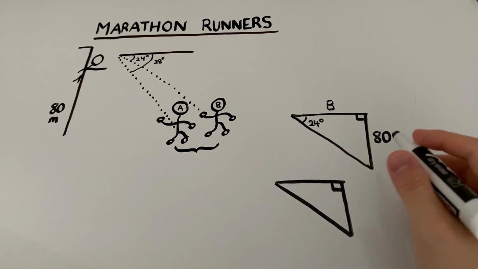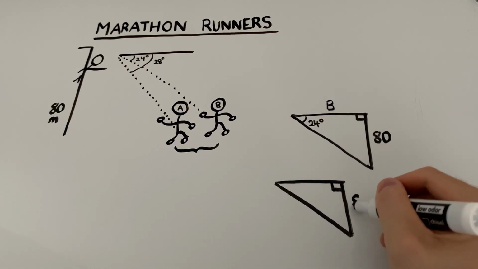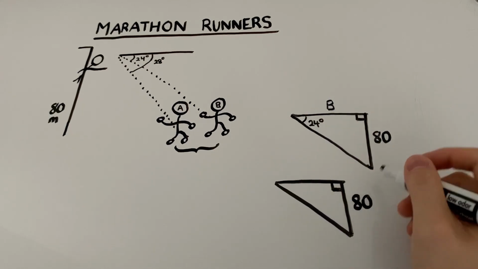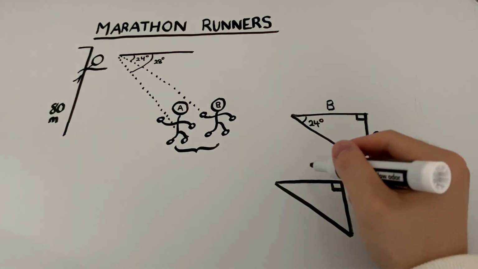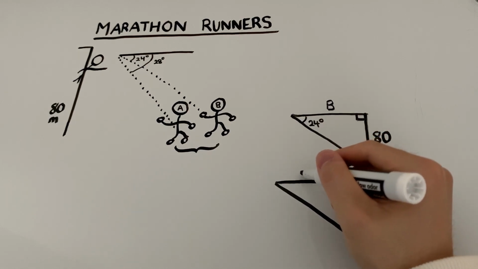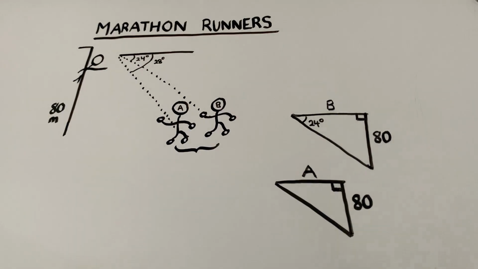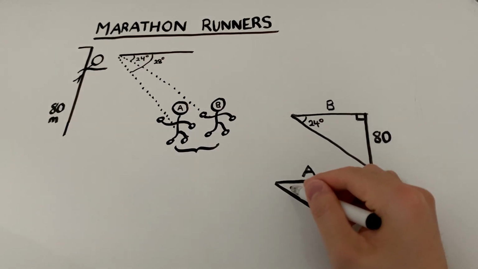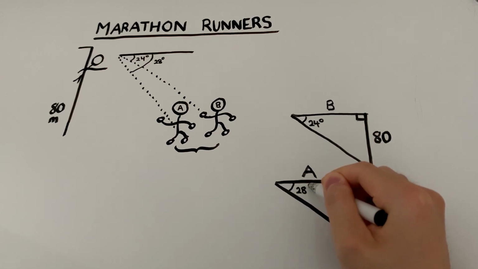Once again, the observer is observing from 80 meters. And let's say A is A meters away. And our angle is 28 degrees this time.